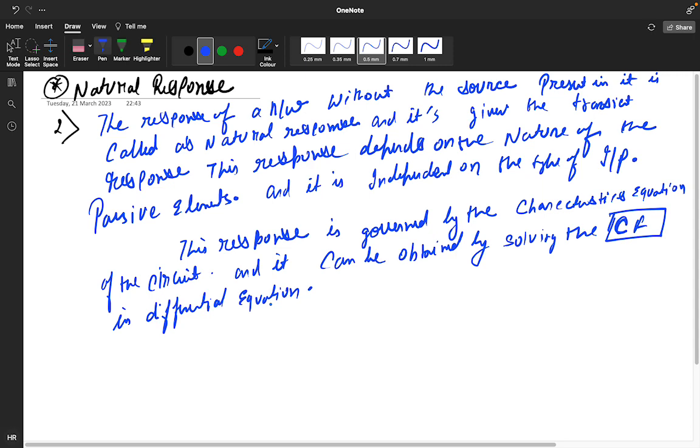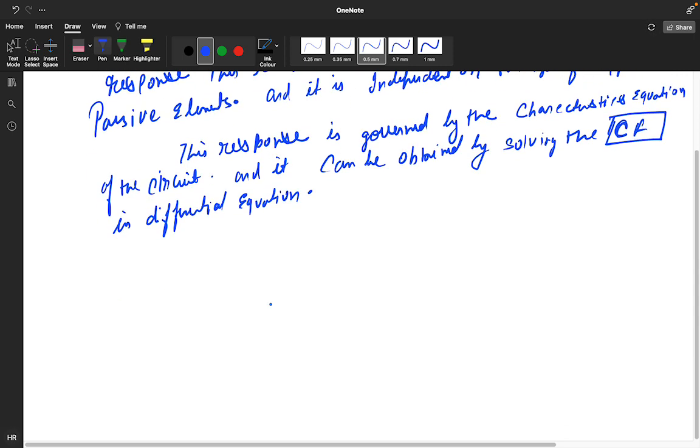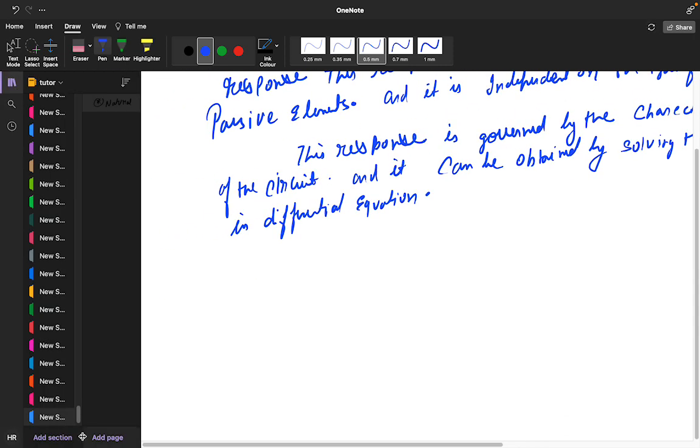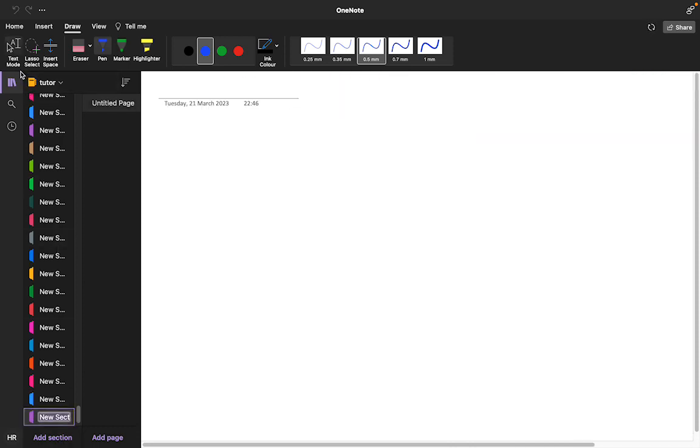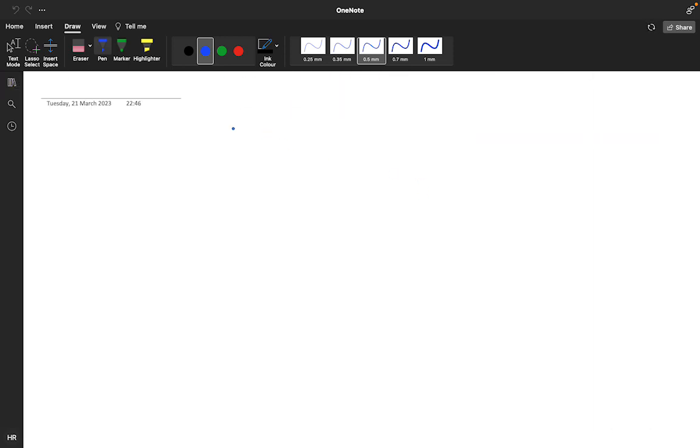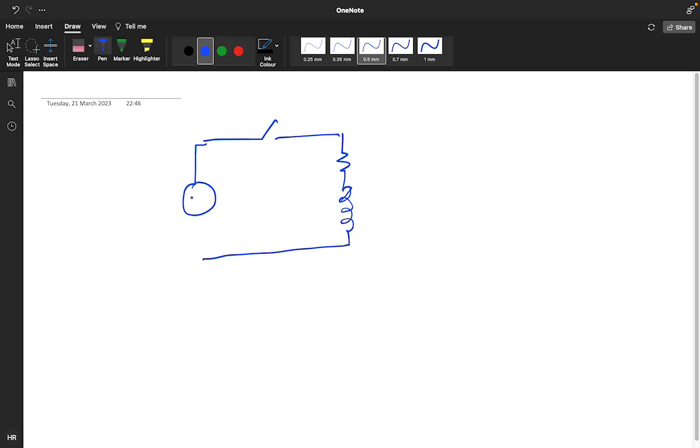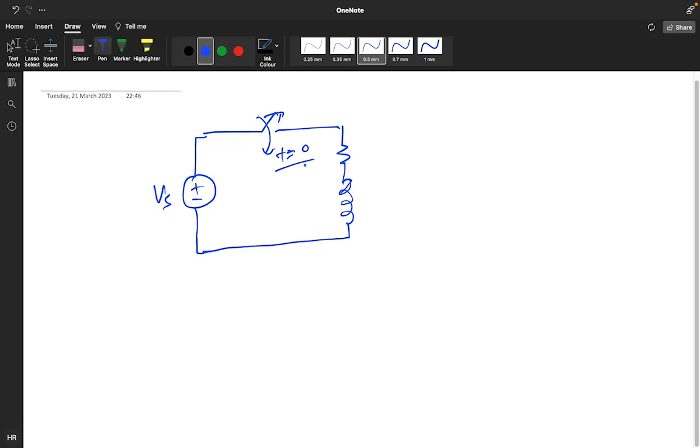Now we'll discuss how things are coming: natural response and forced response. Suppose you have an RL network, with positive and negative terminals, this is V of S, and the switch is getting closed at t equals 0. This is your network.